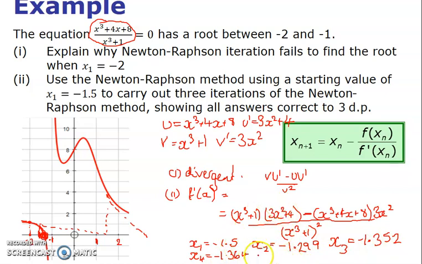Yes, it is. So x5 equals minus 1.365 now. But if I keep going, yeah, now it stays there. So my root, according to me, is minus, well, I'm getting 1.36. I need to be a bit careful here.